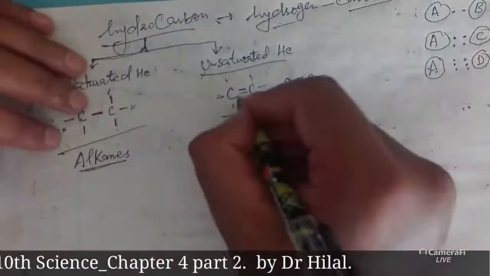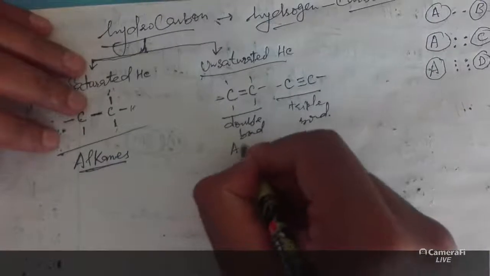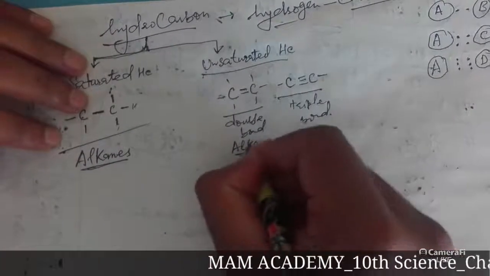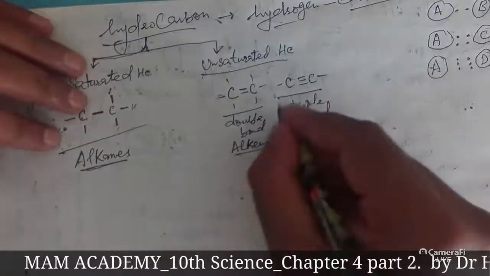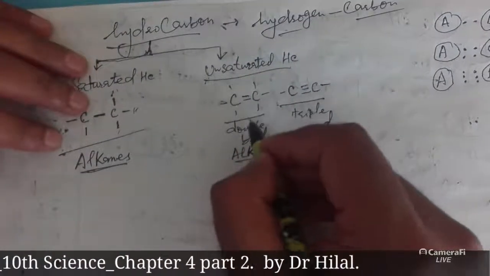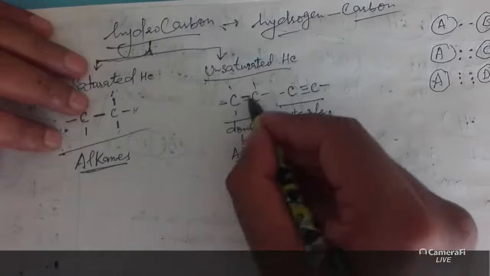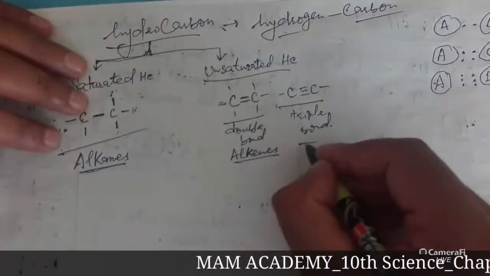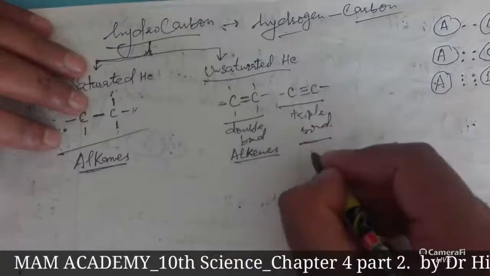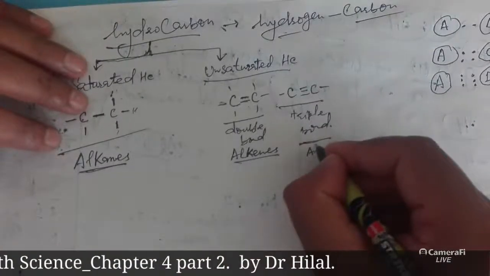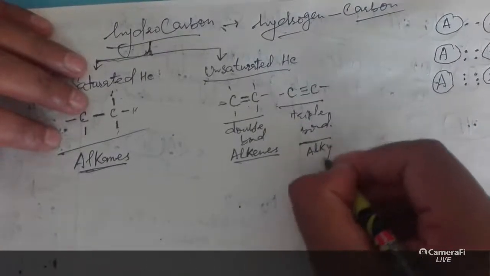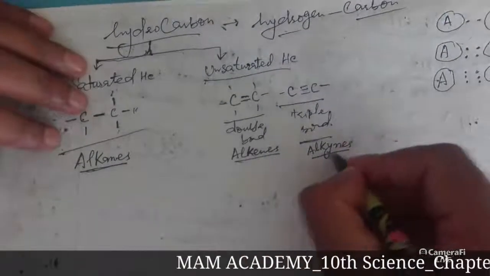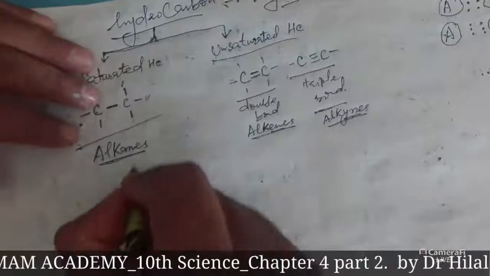And where we have a double bond, they are called alkenes. Alkenes are the types of hydrocarbons where at least one double bond is present, one or more double bonds. But when we have triple bonds, we call them alkynes. In alkynes, Y-N-E, here E-N-E, A-N-E.